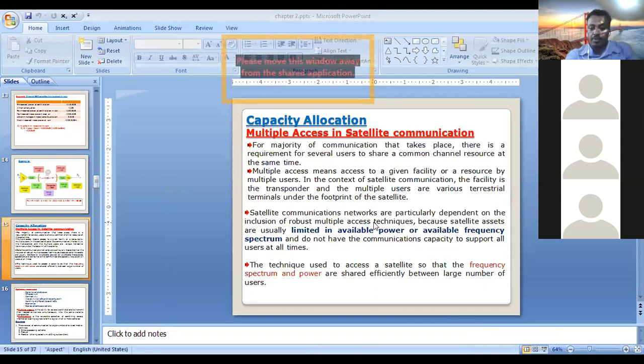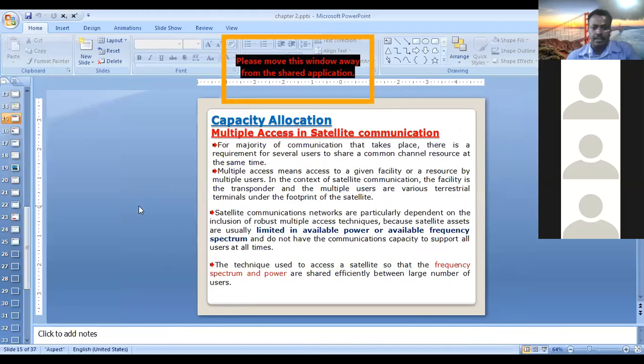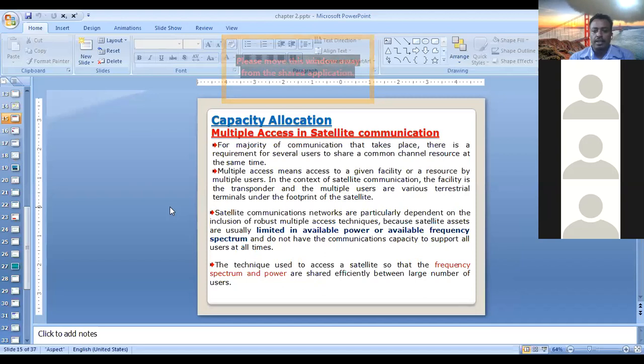So let's start the lesson today, which is multiple access in satellite communication. As you can see from the slide, in many communication systems, not only in satellite, in any communication system, there is a requirement for several users to share some resources at the same time, right?